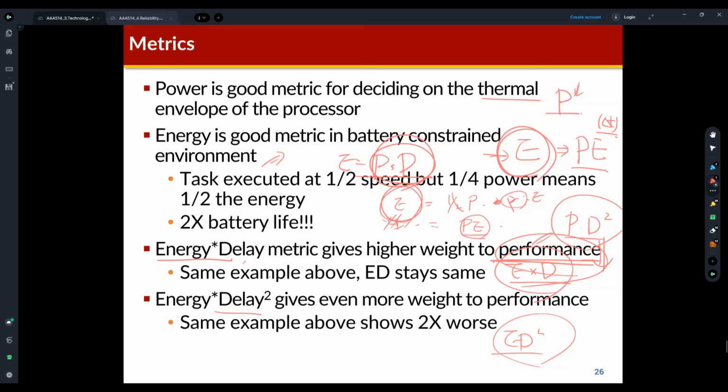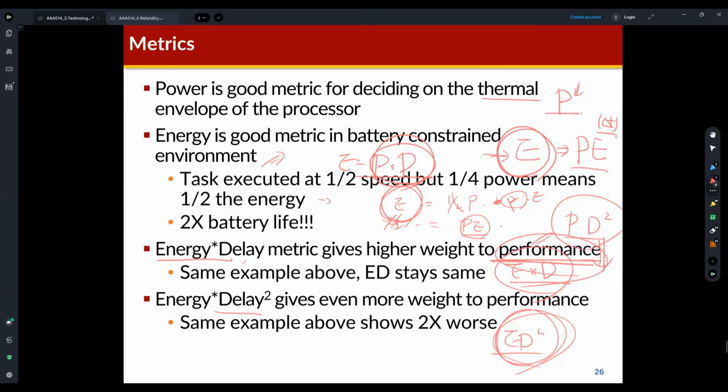For example, for a mobile device, in order to compare the cost of the power, we can use the energy. So the mobile device can use the energy as the cost of our system. But if we compare the cost of a server system, performance is important, so we can use ED or ED squared.